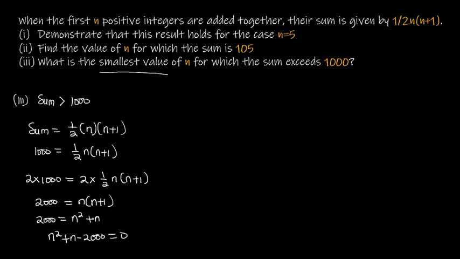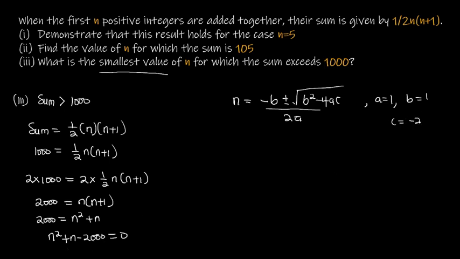Instead of factorizing, we'll use the quadratic formula. n will be equal to minus b plus or minus the root of b squared minus 4ac, all over 2a, where a is the coefficient of the n squared term, which is 1. The b is the coefficient of the n term, which is also 1. And c, the constant, is the last value, negative 2,000. Alright, so let's do the substitution and see.